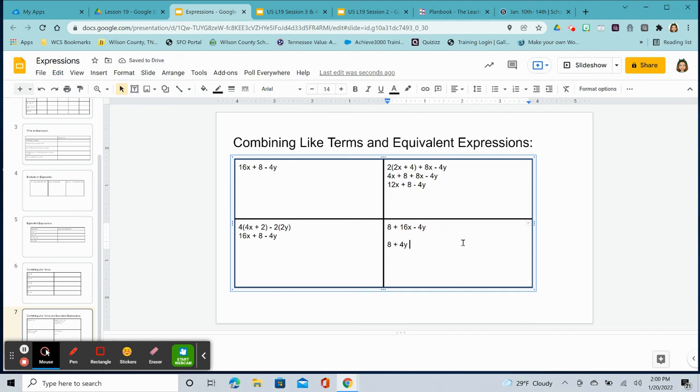All right, and then this is not equivalent. It has the same numbers, but instead of a minus 4, we have a plus 4. Instead of a plus 16, we have a minus. So this is not an equivalent expression. So just make sure that you remember those things when you are finding equivalent expressions.